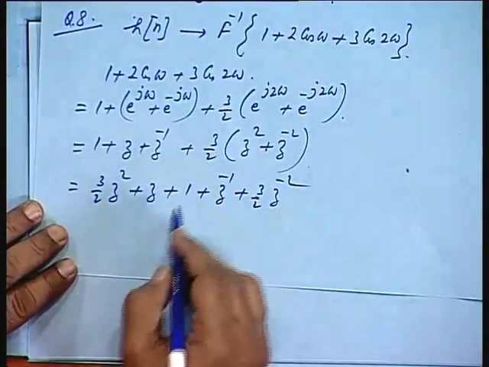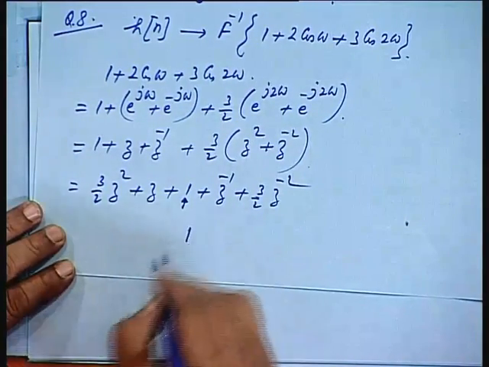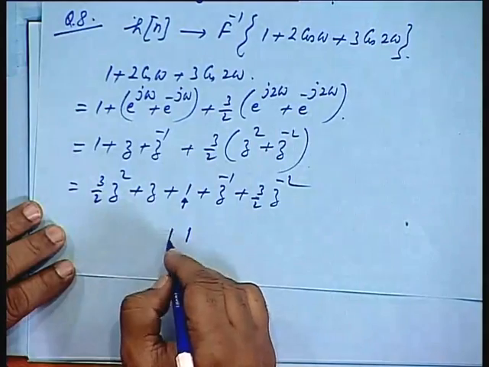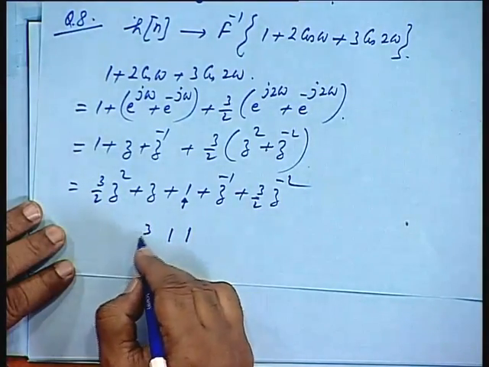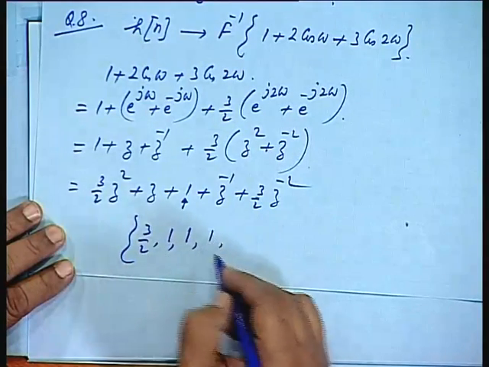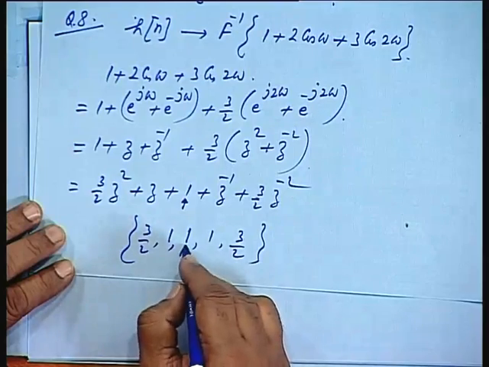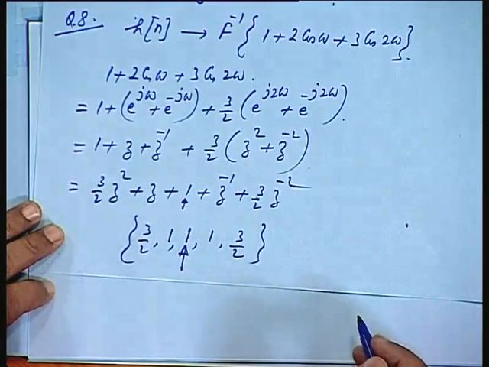So, that gives me straight away the sequence. This is the one with z to the power 0. So, 1, before that 1, before that 3 by 2, then 1 and 3 by 2. Show the arrow, this is h 0.